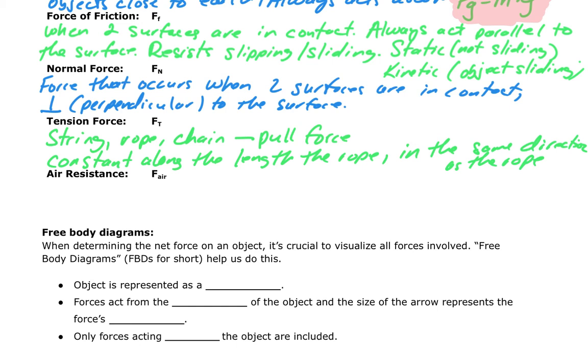And then the last force that we're going to talk about right now is air resistance. There are, of course, other forces, but these are the main ones that we're going to talk about. Air resistance is similar to friction. Okay, it occurs when something is touching the air, and that's what occurs when something is moving through the air.